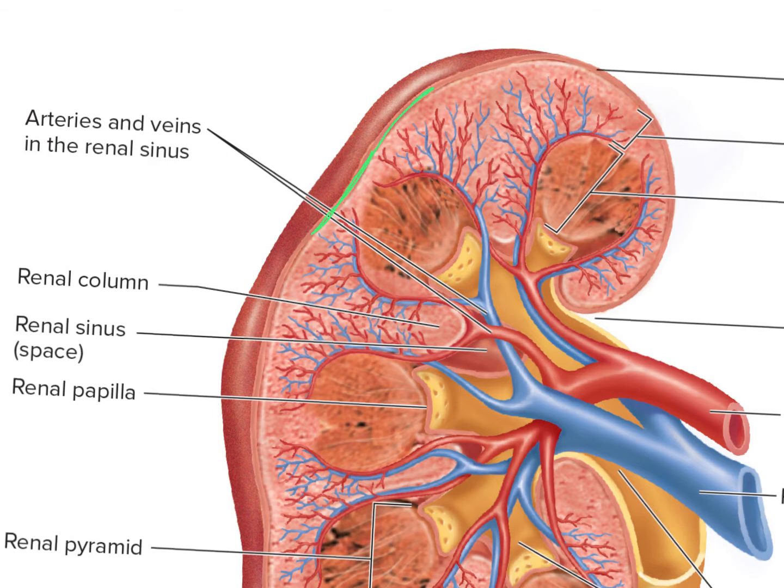This piece right here, that's your cortex. Very little cortex. It will come down into here, but it doesn't extend past these big structures here. So the cortex is much thinner, much smaller than the medulla in the kidneys.